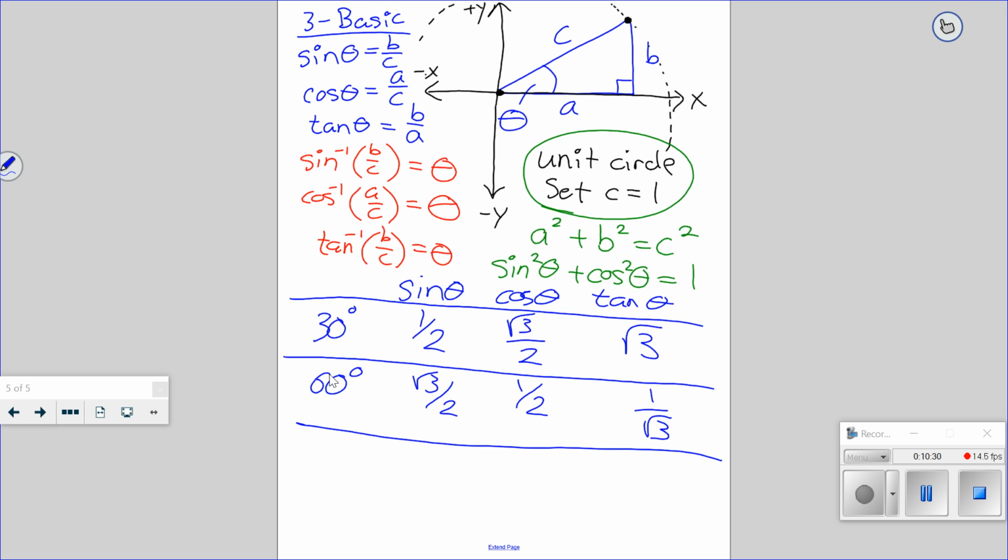Oh no. I did my tangents backwards, didn't I? Tangent of 30 is 1 over root 3. No! See? Which is improper, I know. Once you know the secret to radicals, you can write it. You can write bad radicals too.